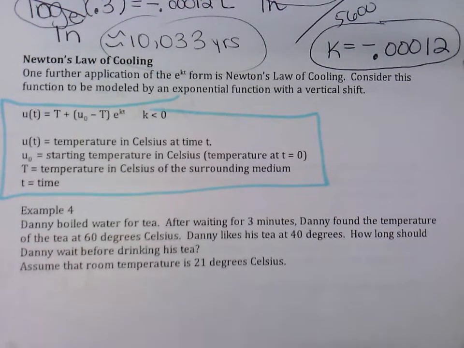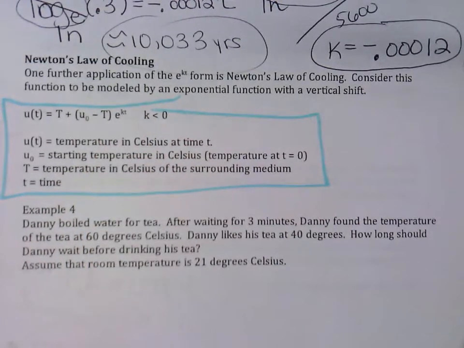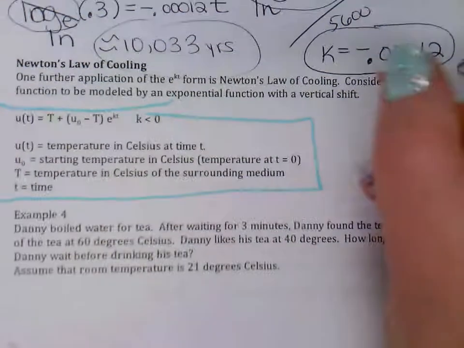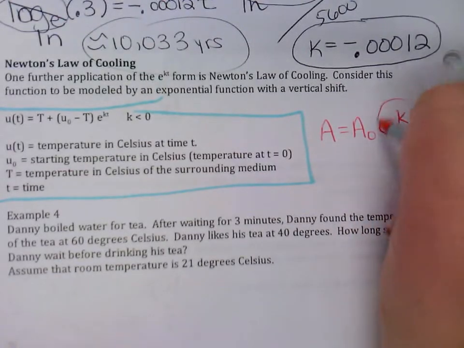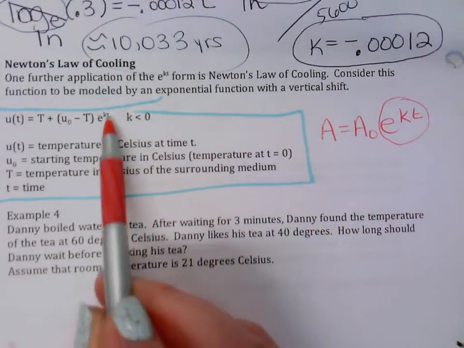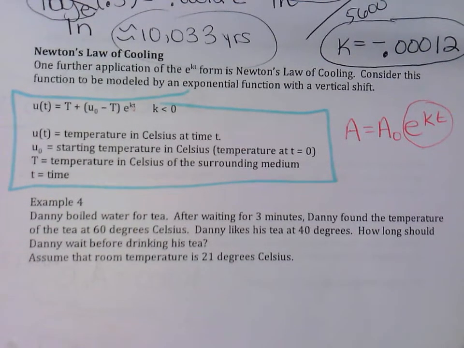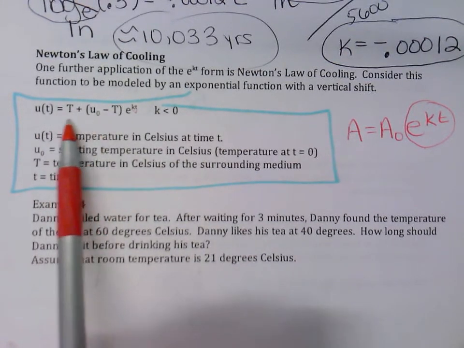And little t, C e to the kt, that's that part of the formula we've been working with, because we've been working with the formula A equals A sub 0 e to the kt. See how this part is in Newton's law as well? But there's a couple other things impacting the cooling. The starting temperature and the temperature of the room.